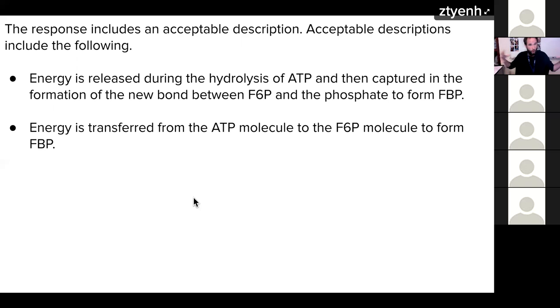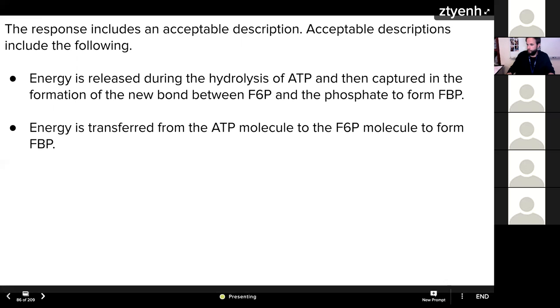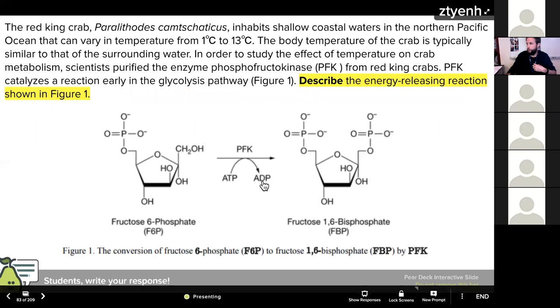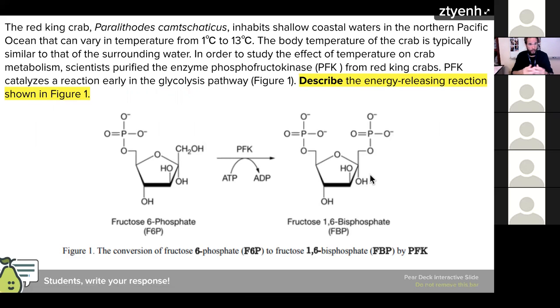That's the whole process of energy transfer. If we just focus on the energy releasing reaction, that's where the ATP is being catabolized and the energy is being released as that phosphate group leaves the molecule and ends up being transferred to fructose 6-phosphate to make fructose bisphosphate.